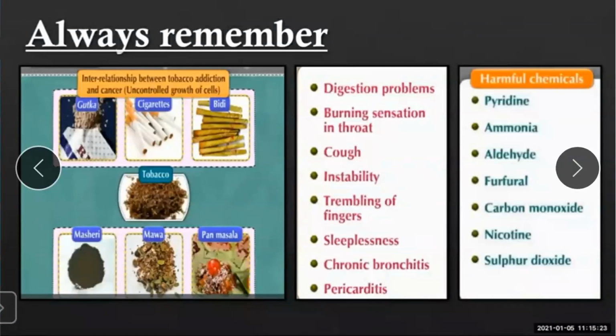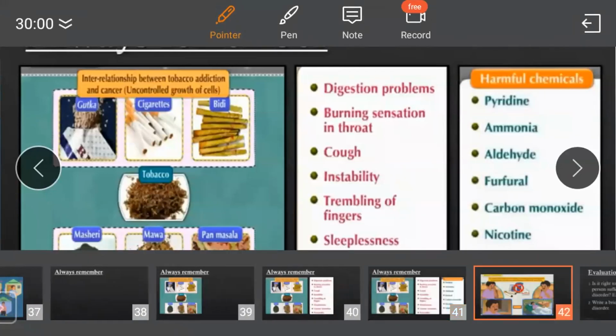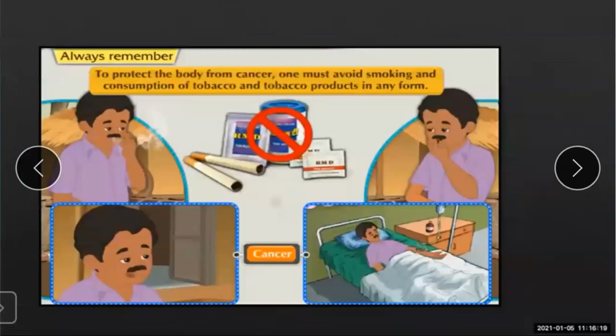Now, what are the harmful chemicals present in tobacco smoke? Do you know? See here: pyridine, ammonia, aldehyde, furfural, then carbon monoxide, nicotine, sulfur dioxide. These are the harmful chemicals which can hazard our body system. Tobacco smoke contains harmful chemicals, and they cause uncontrolled cell divisions.